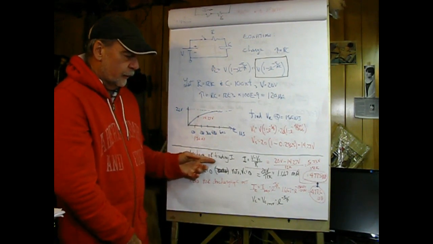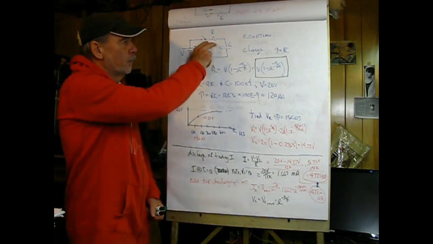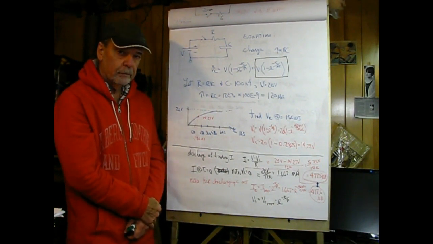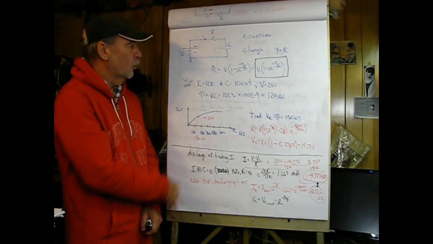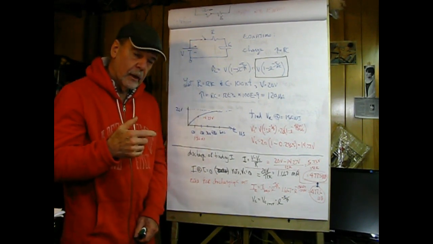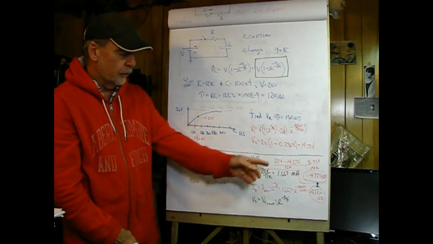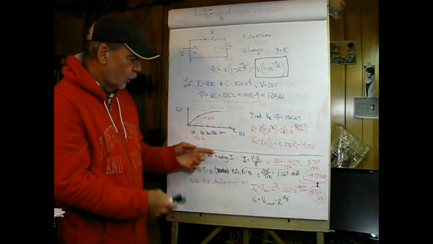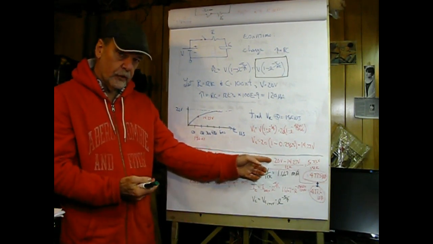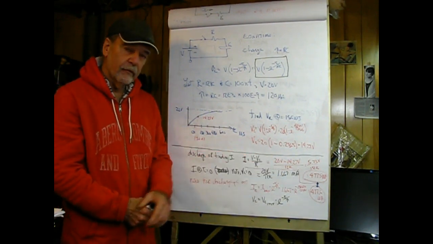Now discharge, or finding I in some cases, is simply going to be equal to, and that'll be the current flowing here, the difference in voltage across the resistor. So on one side we're going to have the supply voltage V, and on the other side we're going to have the voltage across the capacitor C. So all we have to do to find a current at 150 microseconds is to subtract the capacitor voltage from the source voltage and divide it by the resistor.